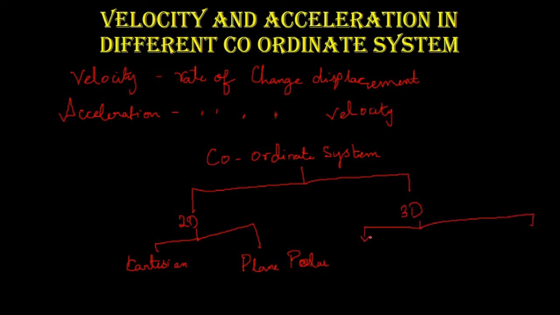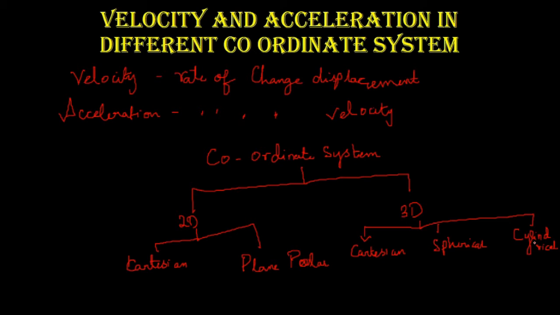The first one is the same Cartesian, the next is spherical coordinates, and the last one is cylindrical.